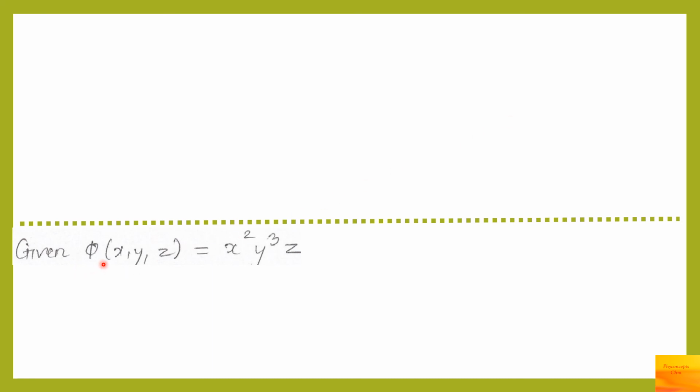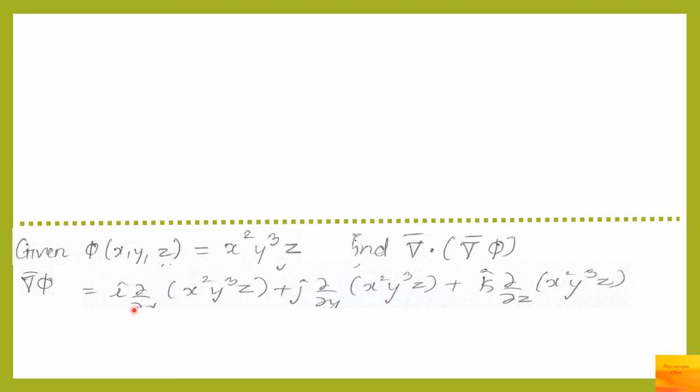Now the next problem: if phi is given as x square y cube z, find del dot del phi. So del phi can be found, that is the gradient of phi. We have to differentiate this phi first with respect to x, then with respect to y, and with respect to z.